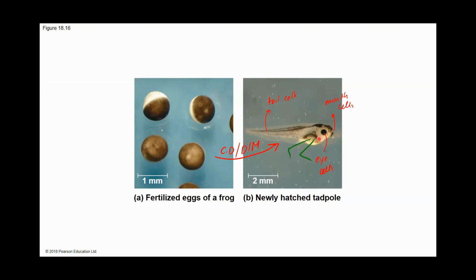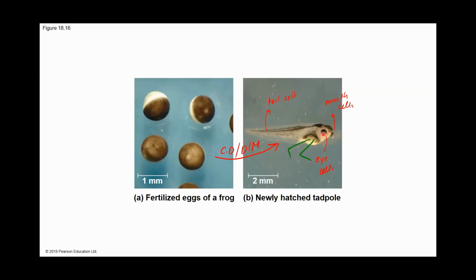An eye cell, as this zygote starts to divide into cells, and cells become more specialized and differentiate, some of the cells differentiate into eye cells and will be placed in their correct location with respect to the body plan, and they will be located here.